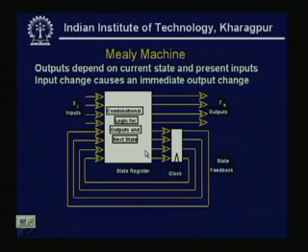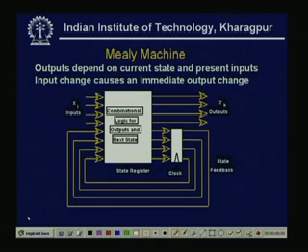Now, if it is a Mealy machine, the outputs depend on the current state as well as the present inputs. So, this is the difference: for a Mealy machine, the current state and present input matter, and the input change causes an immediate output change. That means, the output change occurs only when the input changes.